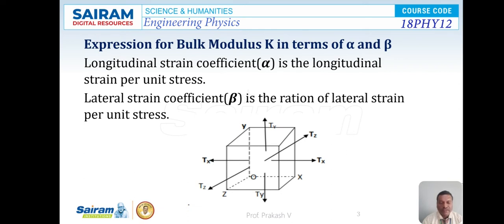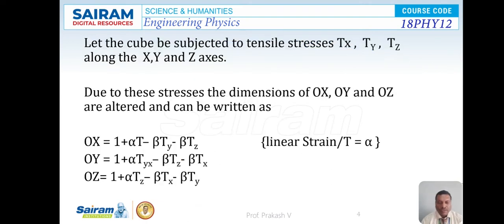Hence, a length which was unity along x direction now becomes 1 plus alpha Tx minus beta Ty minus beta Tz. So that's what you can look at in the next slide. So the new length is 1 plus alpha Tx minus beta Ty minus beta Tz along x direction.